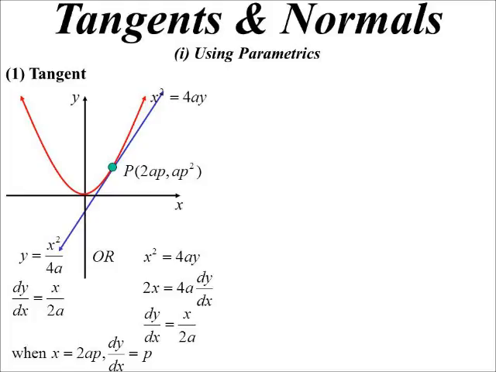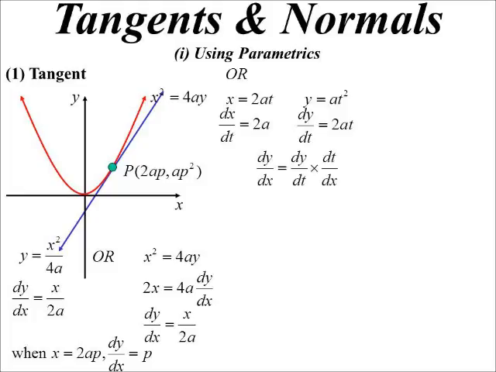Okay. Now, of course, another way I could have done it, I could have left it as x equals 2a, well, t or p or whatever, but x equals 2at, and I'll differentiate that with respect to t, and I get 2a. y is at squared, I'll differentiate that with respect to t, and I'll get 2at.